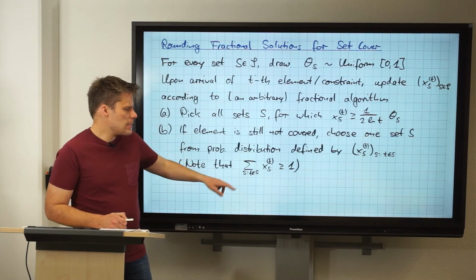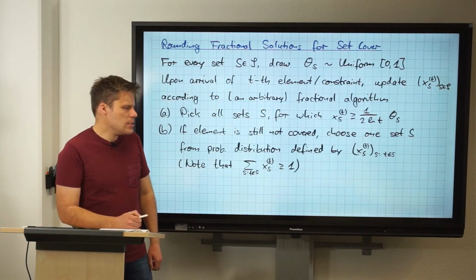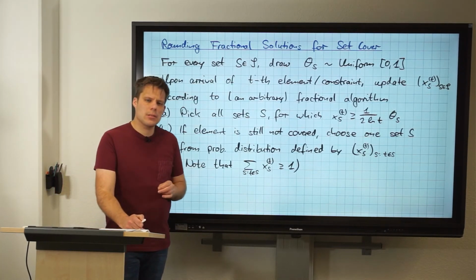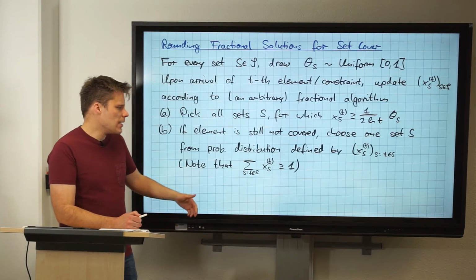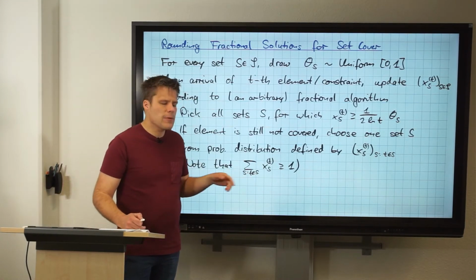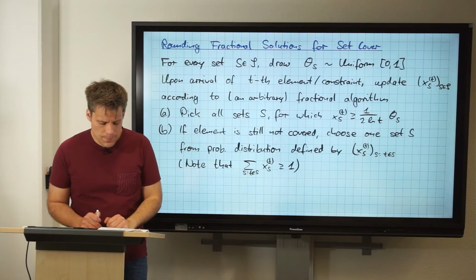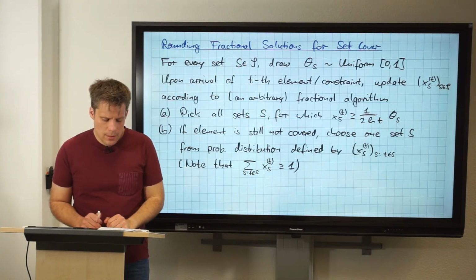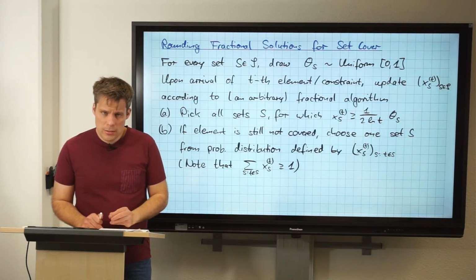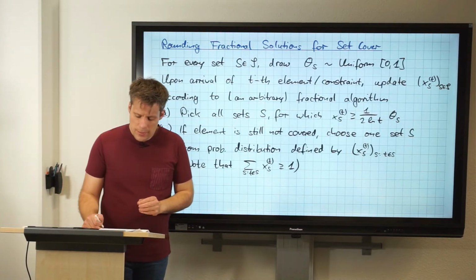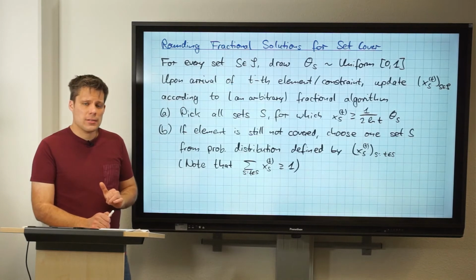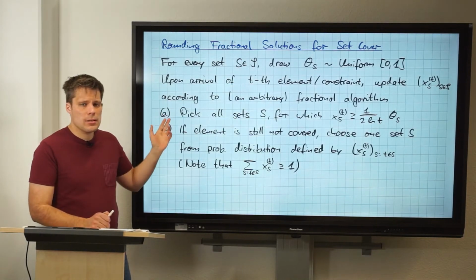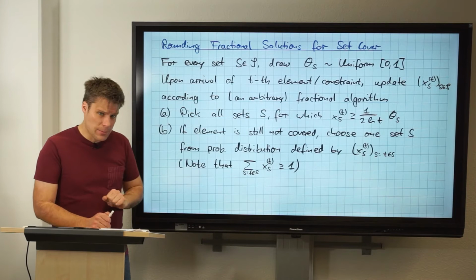This means we can interpret this as a probability distribution, and we can just draw one of the sets that is covering this element from exactly the probability distribution that we defined this way. And what we'll show is that we will lose an O of log m factor compared to the competitive ratio of the fractional algorithm that we're using here.